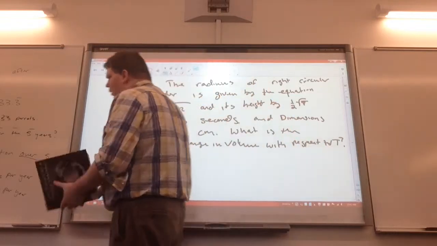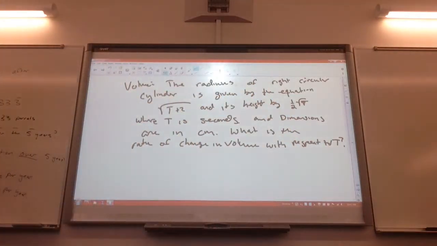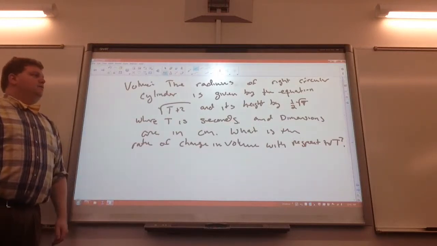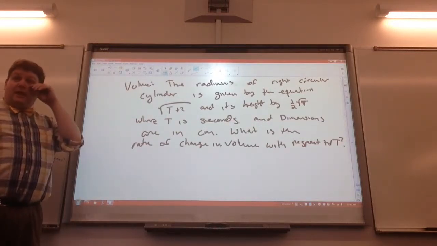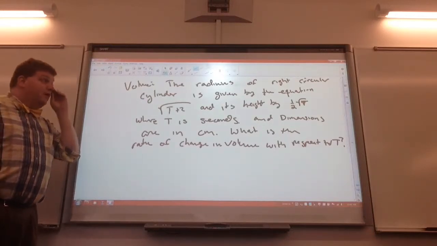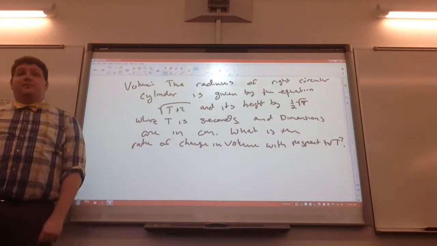We're going to see problems like this at the end of next week. They're going to be a lot more involved, because we'll find a way to model both the radius and the height separately. Here they've been modeled for you, so you're given equations for both the radius and the height with respect to time.